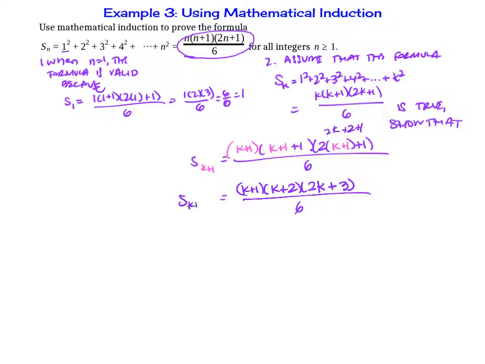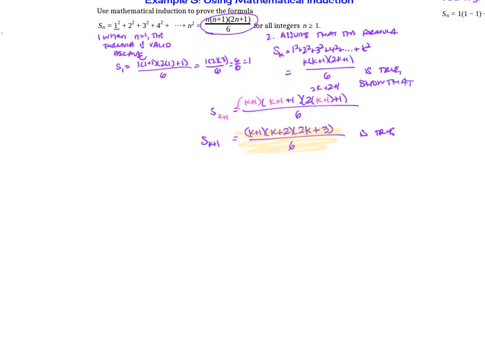So S of k plus 1, we're trying to show that this is true. So our goal is to get to this here. Okay, we want it to look like this. So then we do the proof here. When we have S of k plus 1, we take that value first from the very beginning right here, and we write that.